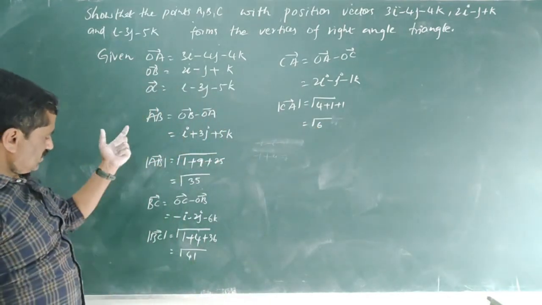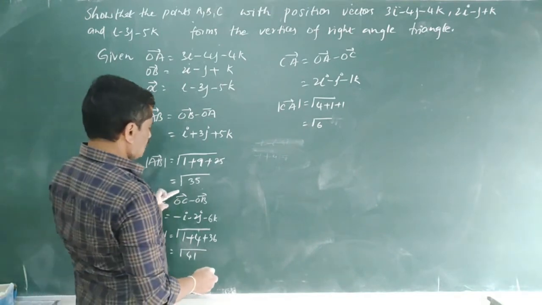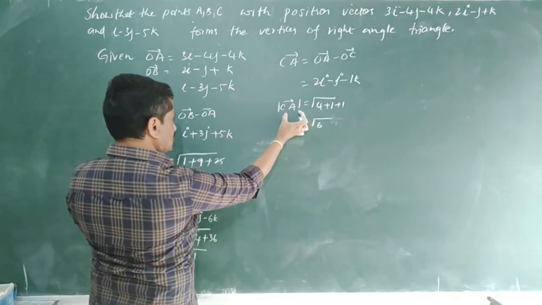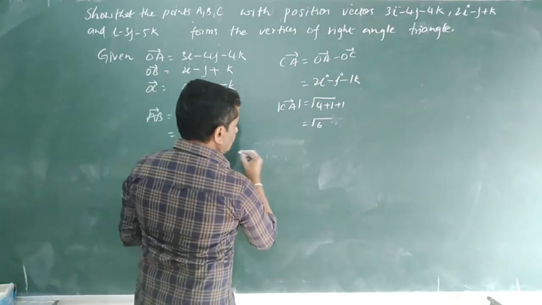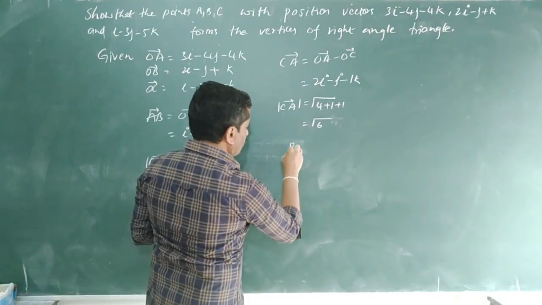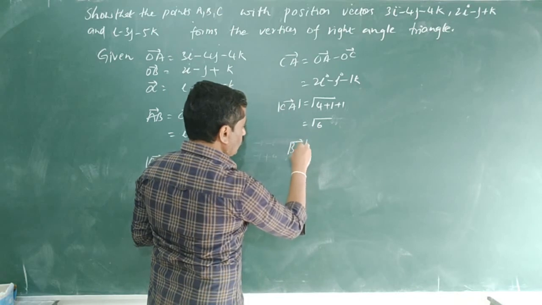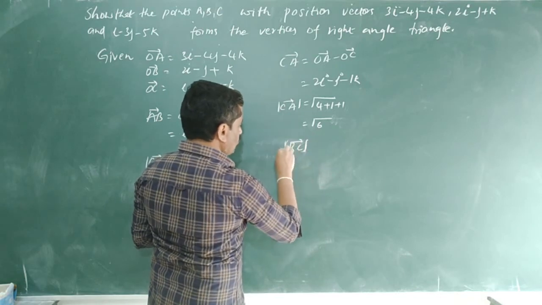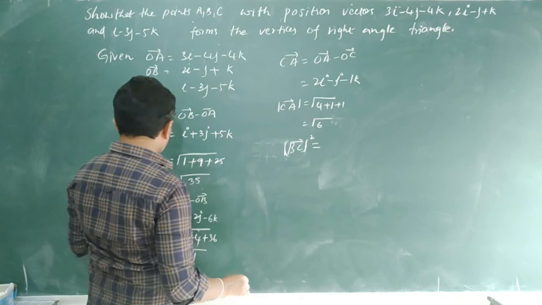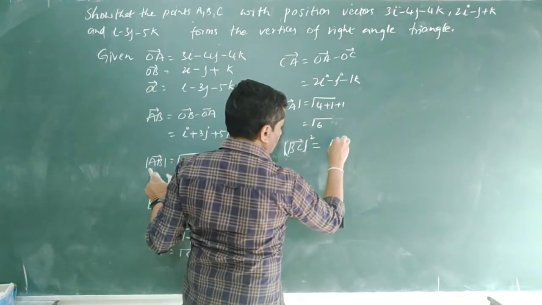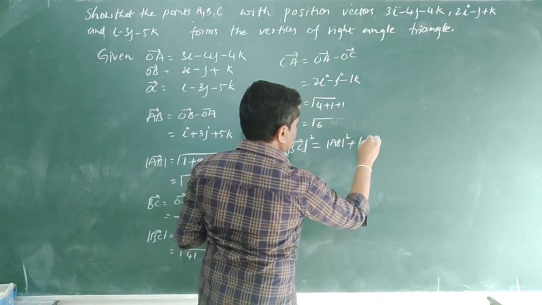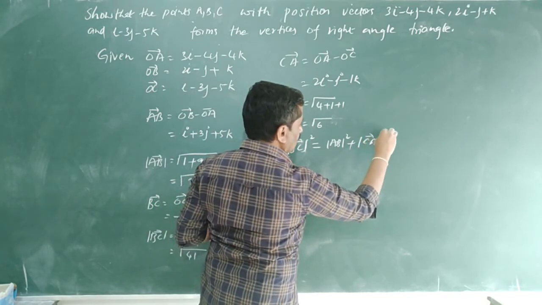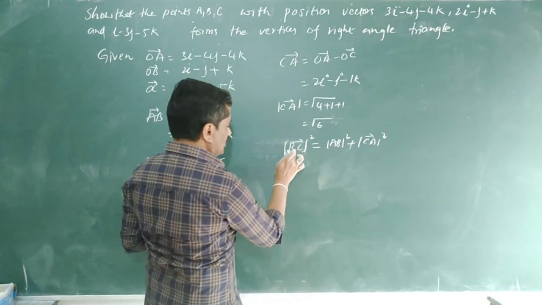Now check out. Here the sum of squares of these two sides is equal to this side. Therefore, magnitude of BC whole square is equal to magnitude of AB whole square plus magnitude of CA whole square. What is magnitude of BC square?